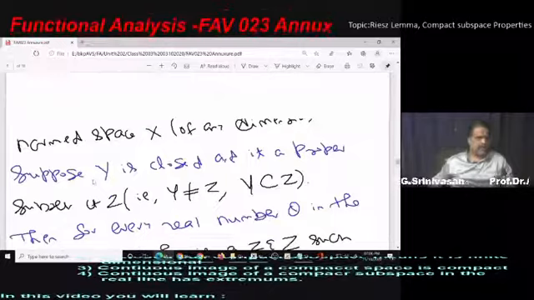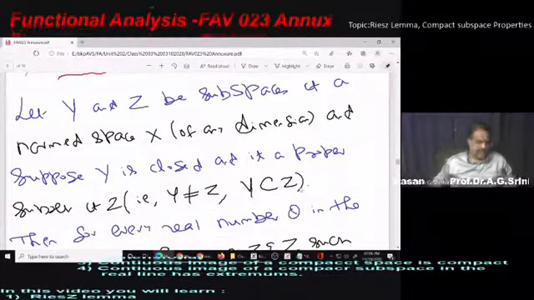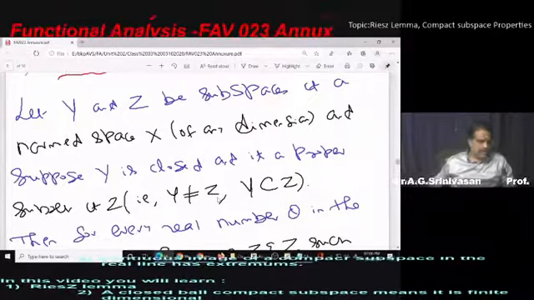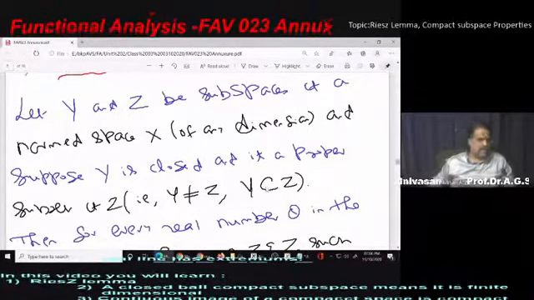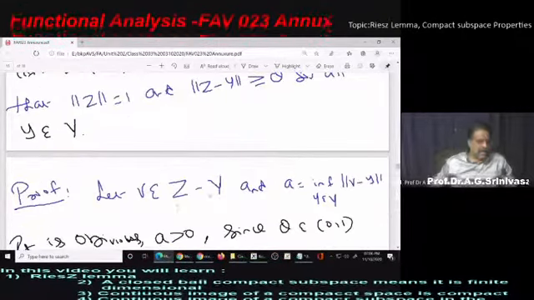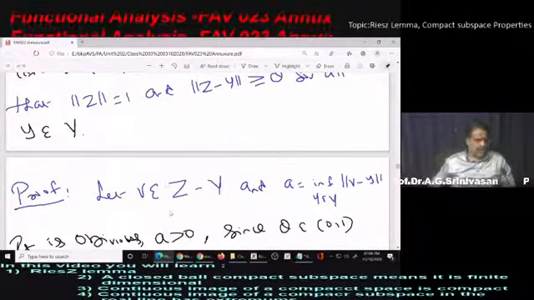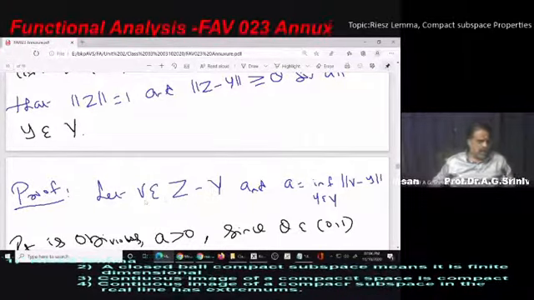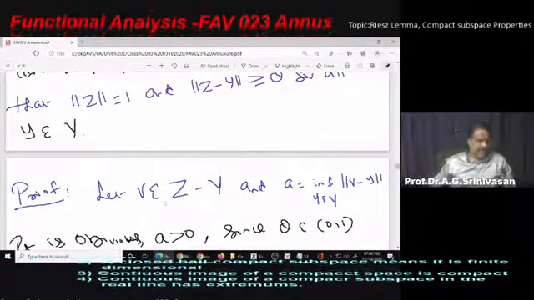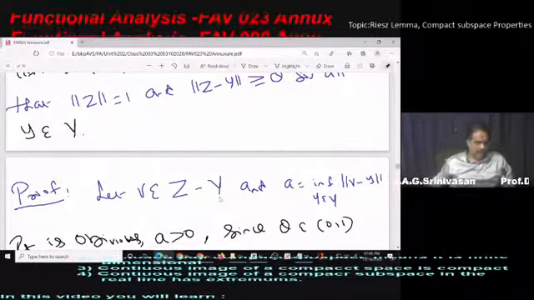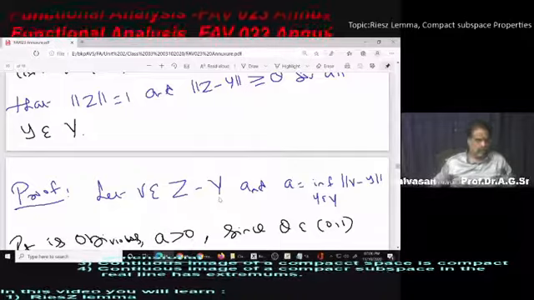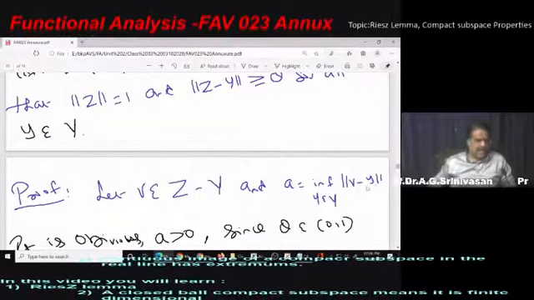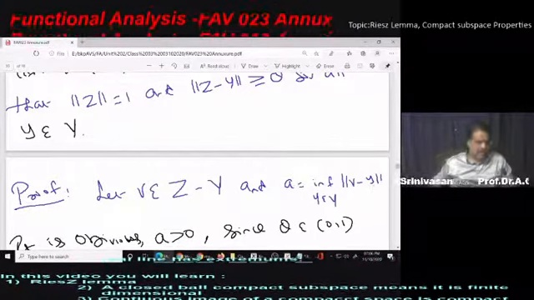Because Y is a subset of Z and Y is not equal to Z, it means that there are some elements in Z which are not in Y, because Z is bigger and Y is a proper subset of Z. So choose an element v such that v belongs to Z minus Y. Now what you do is, you take all such y's in Y and take v minus y, take the norm of that, and then the infimum of that.